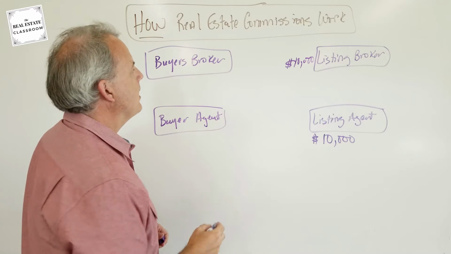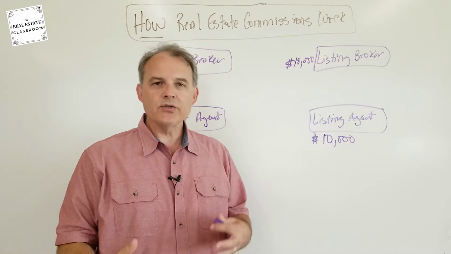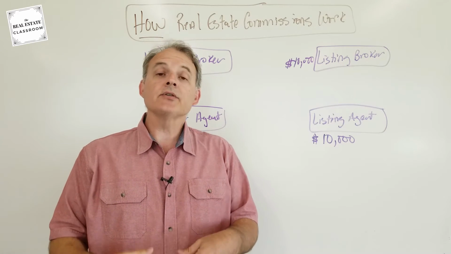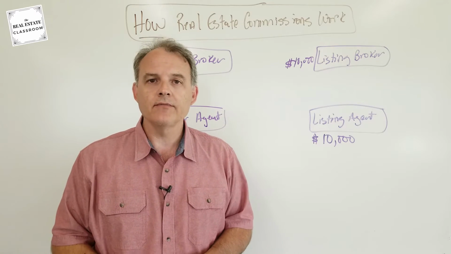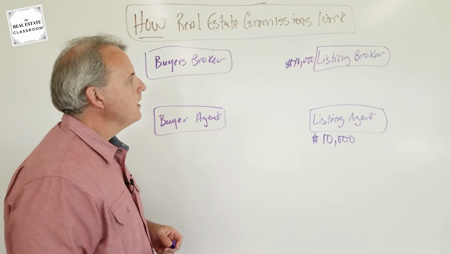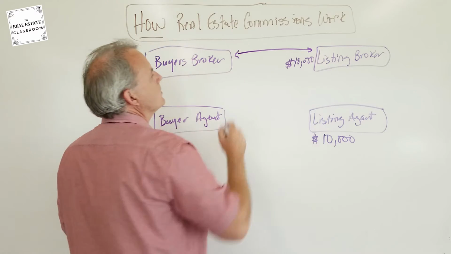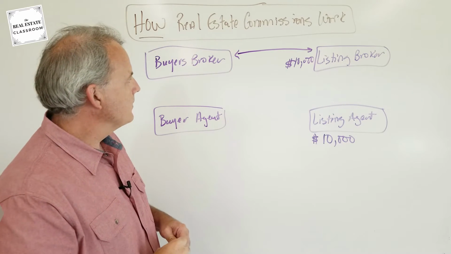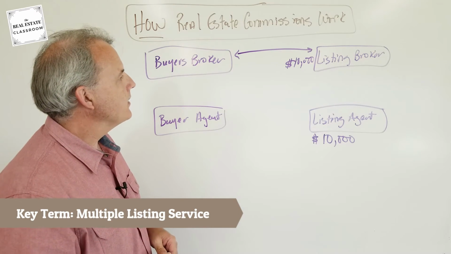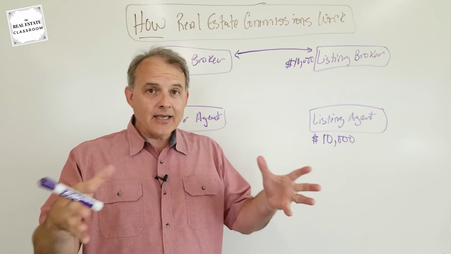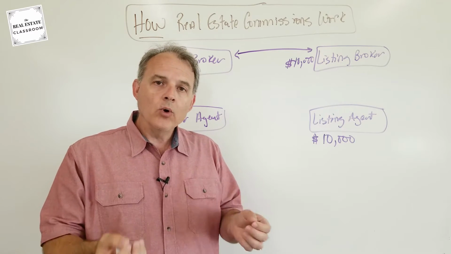All right. Now, how much does the buyer's agent end up with? Now, this is where the details and the numbers come in. This is where you really don't so much need to know this for the licensing exam, but you have to know it for your profession. Now, in almost every community, brokers get together and they have the multiple listing service and those type of things, and they will advertise, not get together and conspire to set payouts, but they will advertise what the payout is.